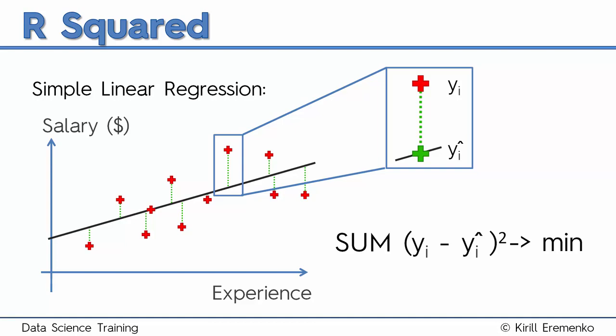And we're looking at that difference, we're squaring it, we're summing it for all of the observations we have. We're counting that sum, and then the line that has the smallest sum will be the best fitting line, or will be the simple linear regression model.